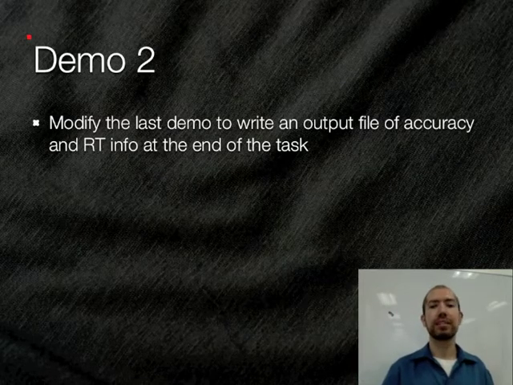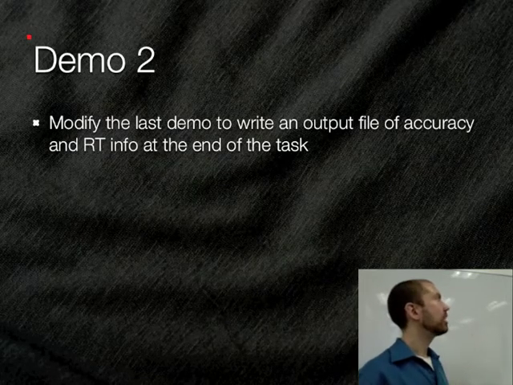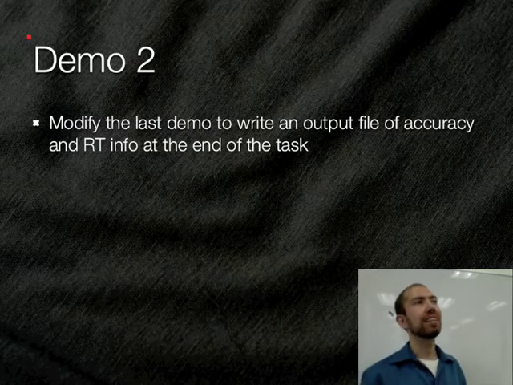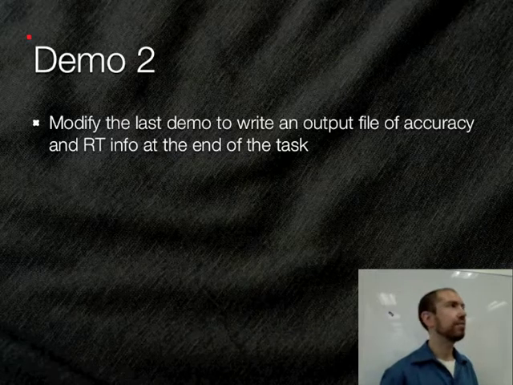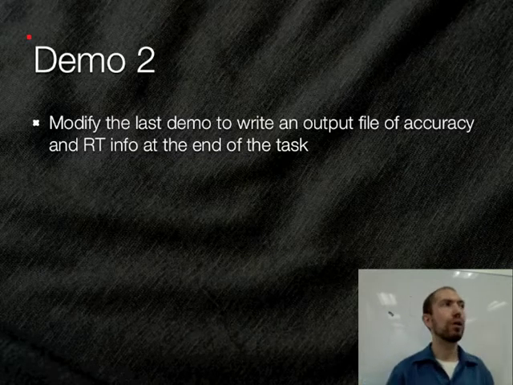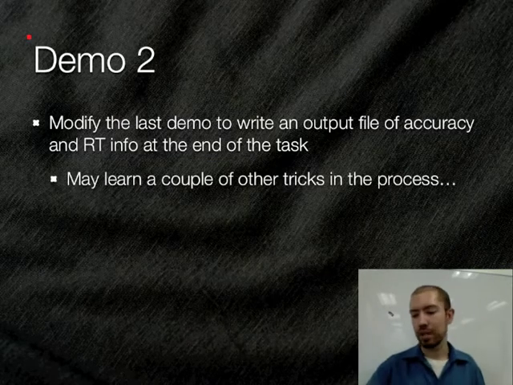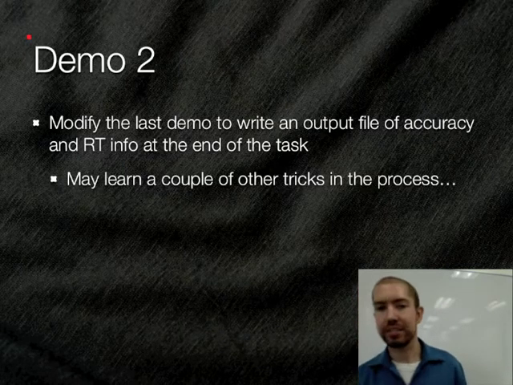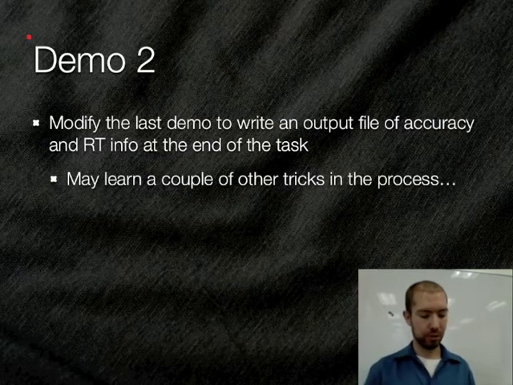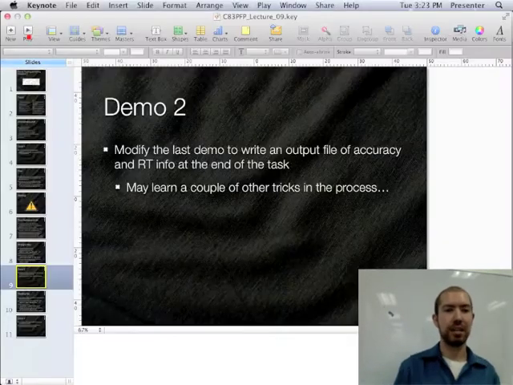So that's what we're going to do now. We're going to take this last demo, and we're going to write a very simple output file, again kind of like what E-Prime writes, that contains accuracy and reaction time info when the task is done. In the process, we might learn a couple of other tricks about Python and PsychoPy that we'll need in order to do this. So let's give that a shot now.